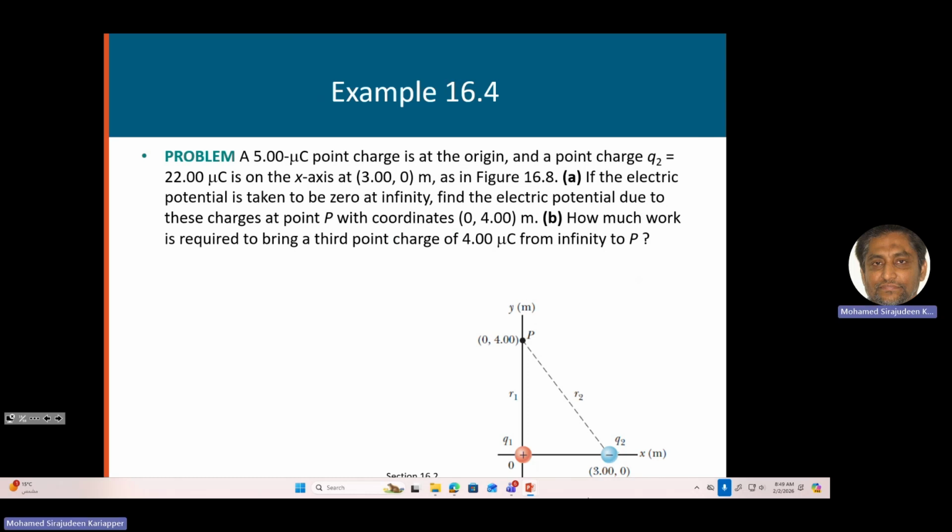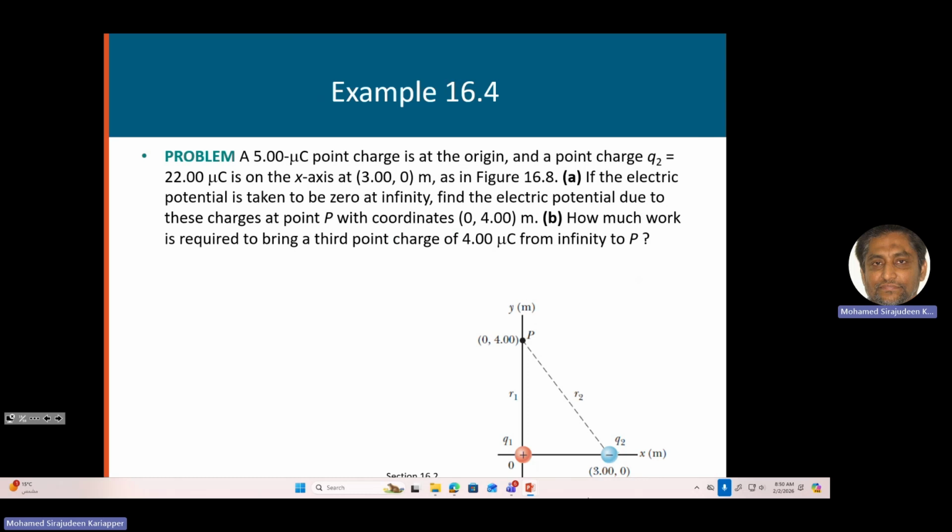Q1 is placed at the origin. Q2 is placed on the x-axis at 3 meters, with 0 y coordinate. Q1 is positive, and Q2 is negative. Then the question is, at point P, which is along the y-axis, y equal to 4 meters, x equal to 0 meters, what is the potential?